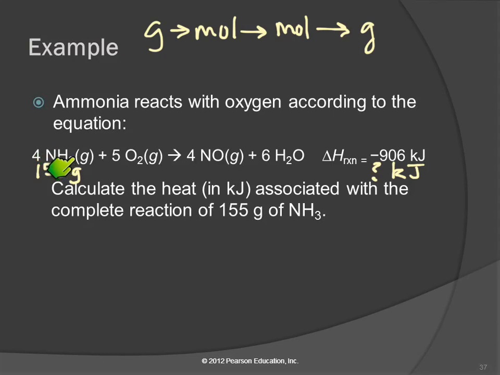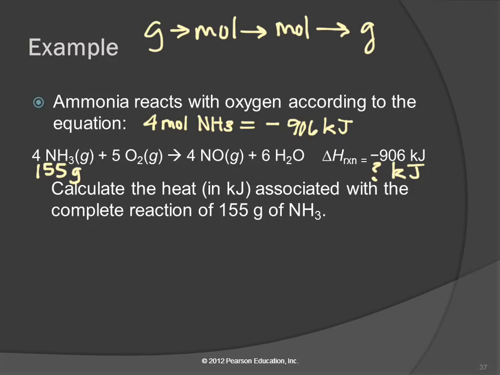But then this equation is giving us the relationship between 4 moles of ammonia and 906 kilojoules of energy. 4 moles of ammonia is equivalent to giving off, remembering from the last slide, 906, that's the right number, 906 kilojoules of energy. That's a conversion factor. We can convert from moles of ammonia to kilojoules of energy.